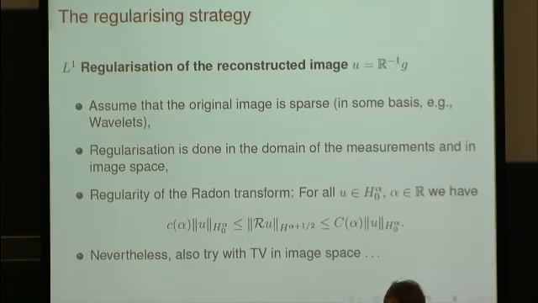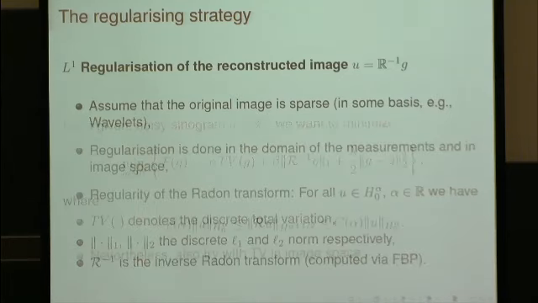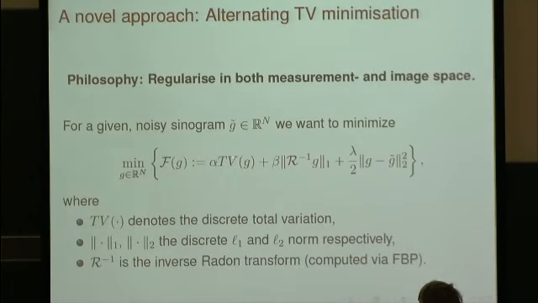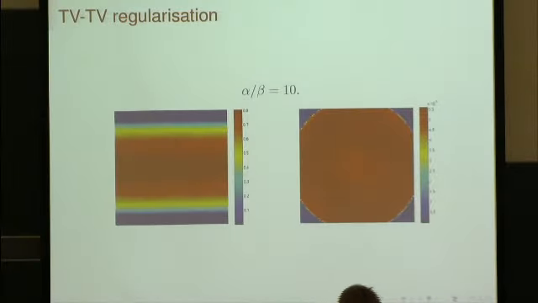Nevertheless, we can also try changing this procedure to having TV in the sinogram and TV in the image. What do we get? Well, we get something very similar. Actually, on the projector, it looks even more similar.